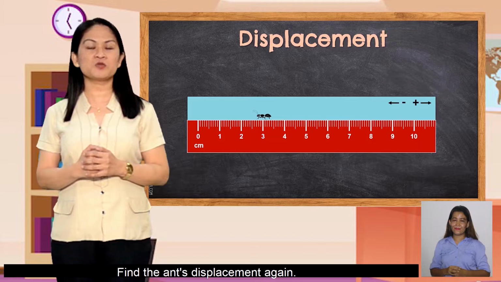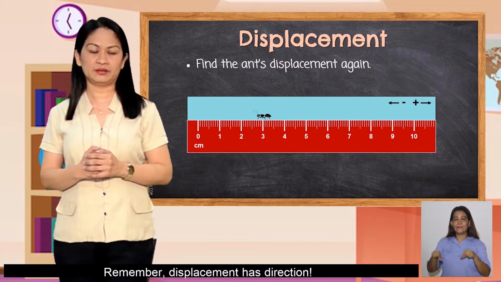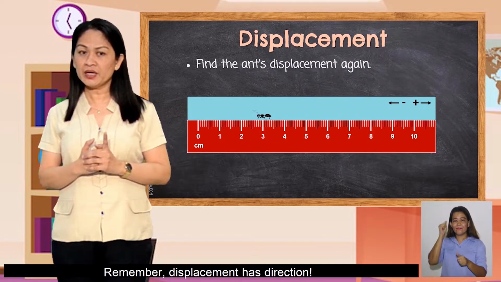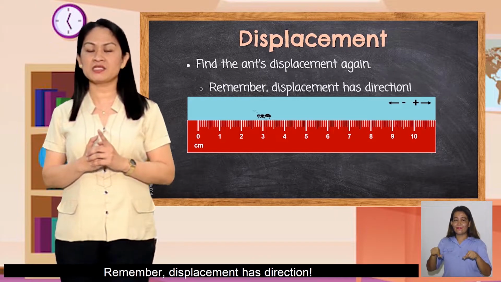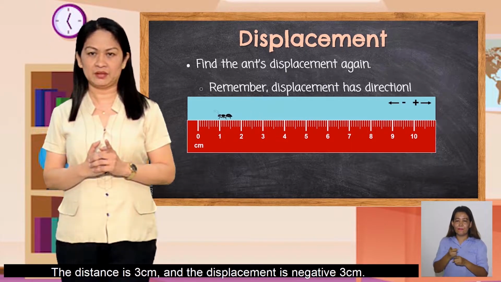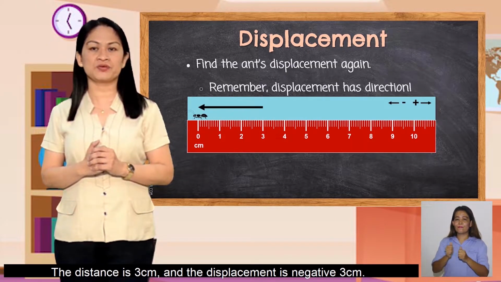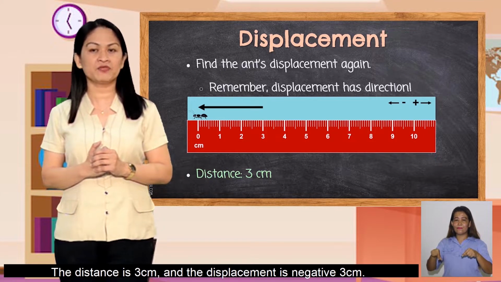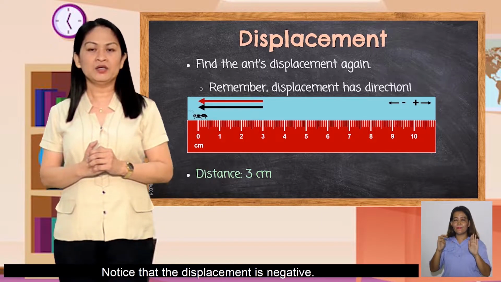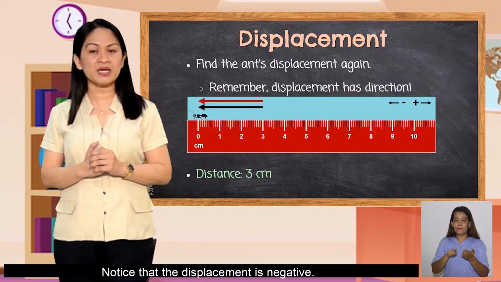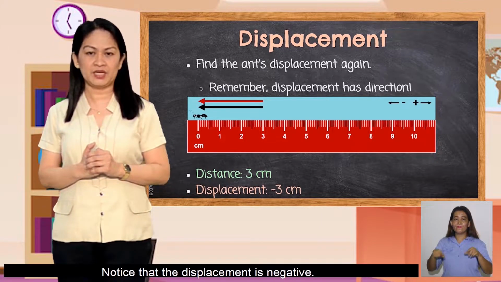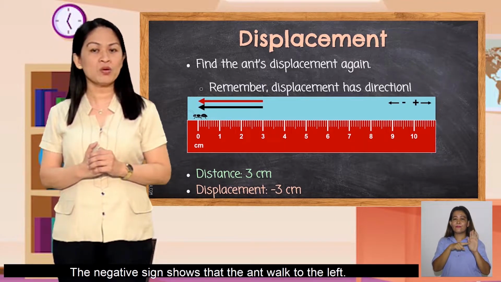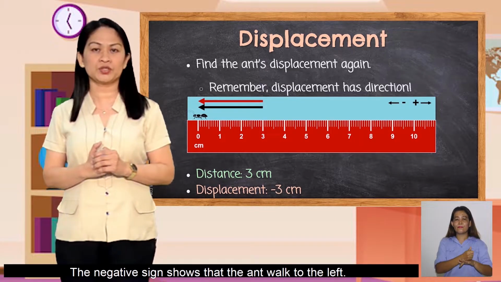Find the ant's displacement again. Remember, displacement has direction. The distance is 3 centimeters and the displacement is negative 3 centimeters. Notice that the displacement is negative. The negative sign shows that the ant walked to the left.